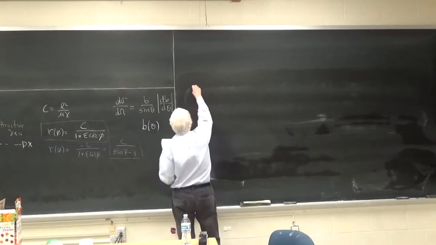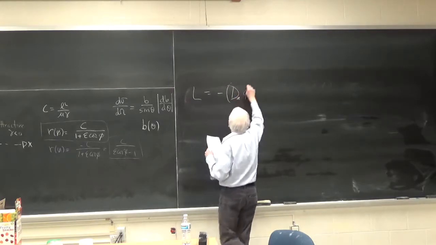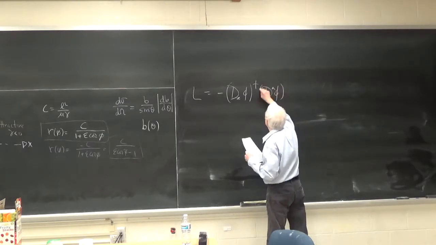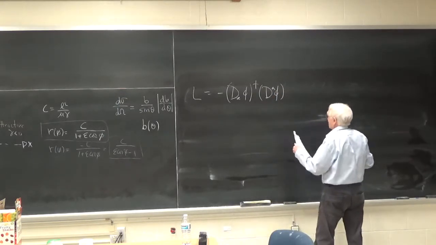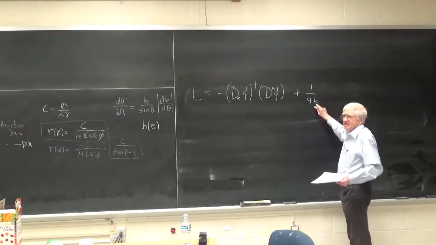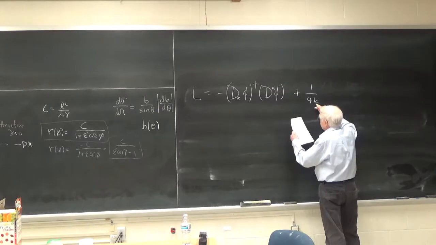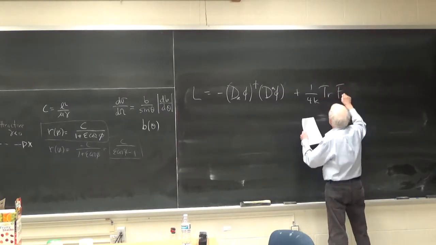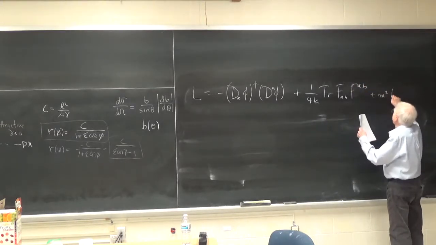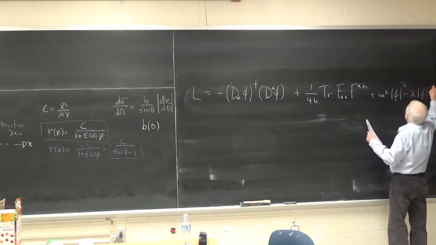So what we have is a scalar doublet. I didn't need those parentheses, that's for sure. 1/4 k, where k is that constant that scales the generators, trace F_AB, plus m squared phi squared minus lambda phi to the 4th.